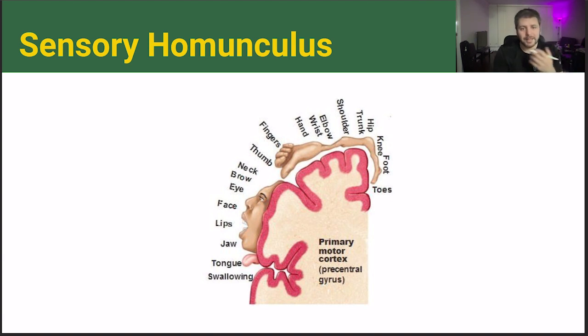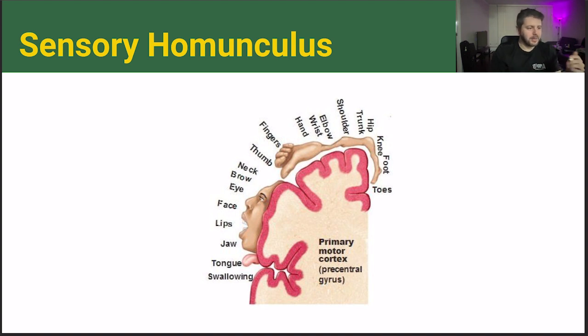Homunculus just means little man in Latin, and I think this is the motor homunculus in primary motor cortex, but there's a corresponding one in somatosensory cortex, which is just in the post-central gyrus. So the same principle is at work here.